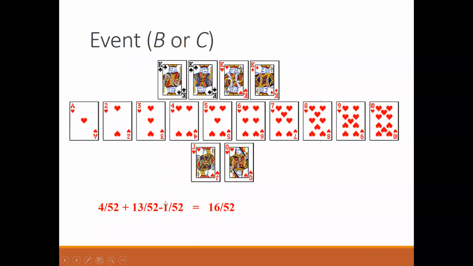This is the common part between both events. The number of kings, you know, is 4, but one of them is the king of hearts, and that is the reason why we have given minus 1 by 52 here. We could have also written 4 by 52 plus 12 by 52. Even that is possible. You directly subtract 1 from the total number of hearts, 13, and use 12 instead of 13.